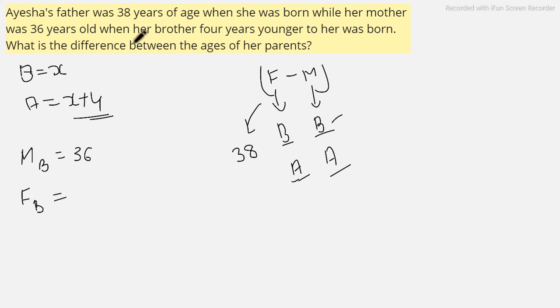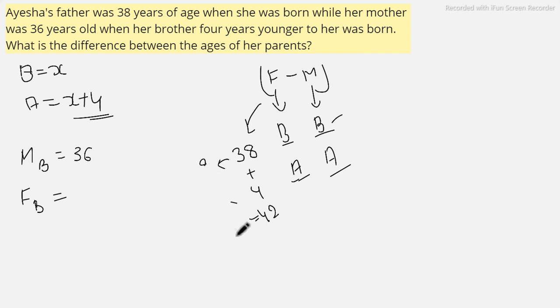And his brother was born 4 years after, right? So the age of father when his brother was born will be 38 plus 4, that is 42. Because at the time of Aisa's birth, his father was 38, and after 4 years they have another child, that is his brother.